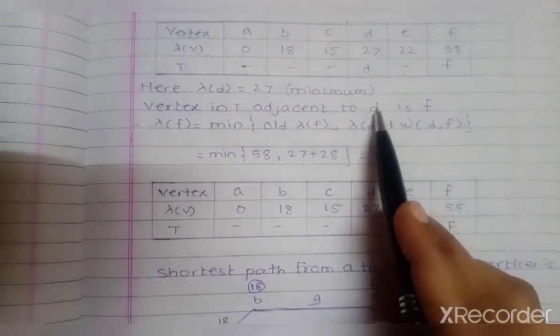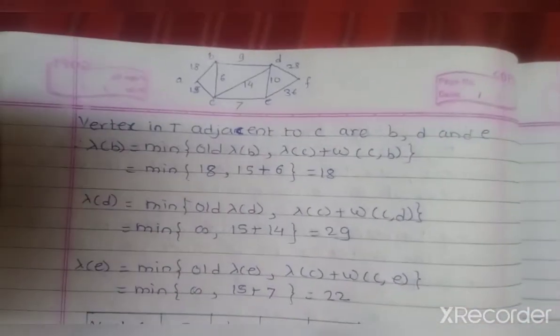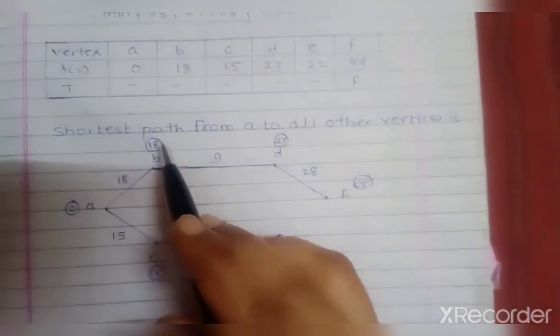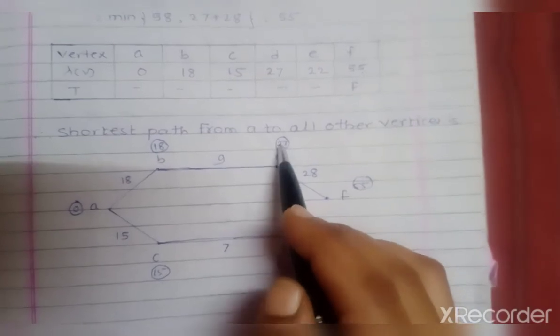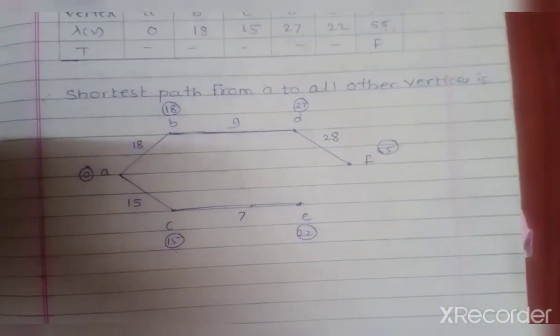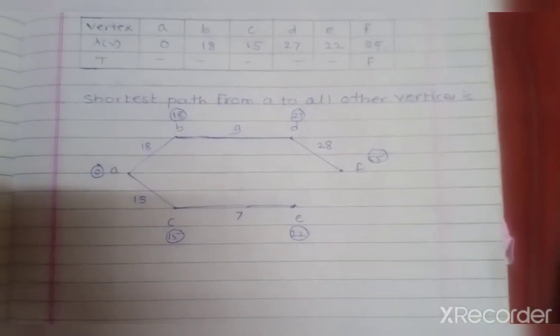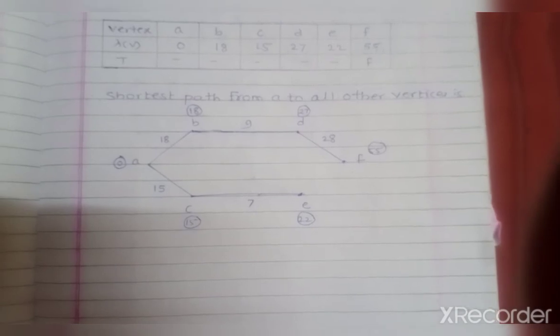This F is the adjacent of D. So we plot the edge between D and F, and see what weight is assigned in our graph: 28. Here 18 plus 9 is 27, and 27 plus 28 equals 55. So in this way we show the path from A to all other vertices. So now we stop here. Thank you.